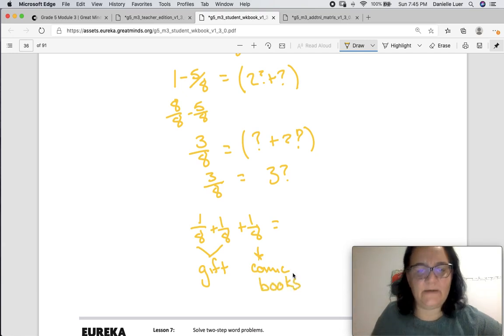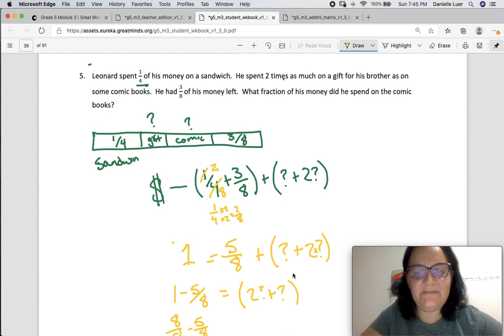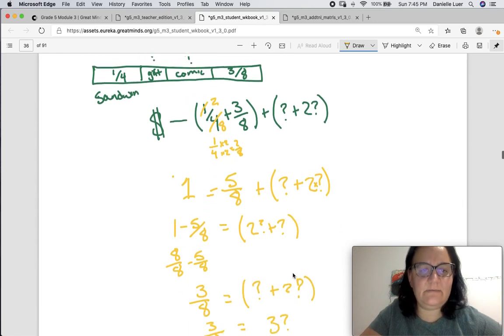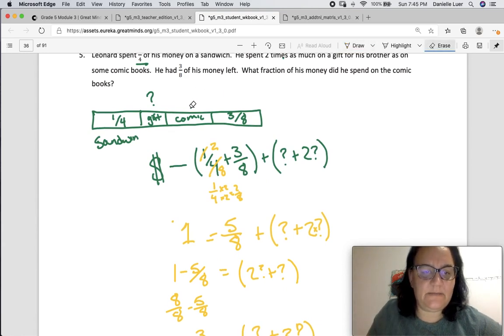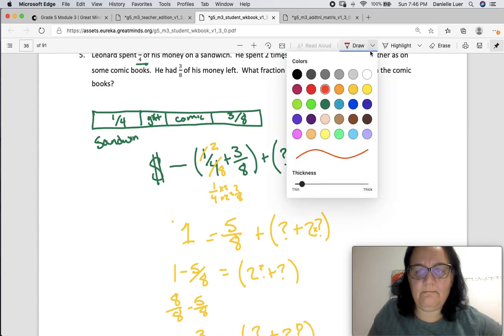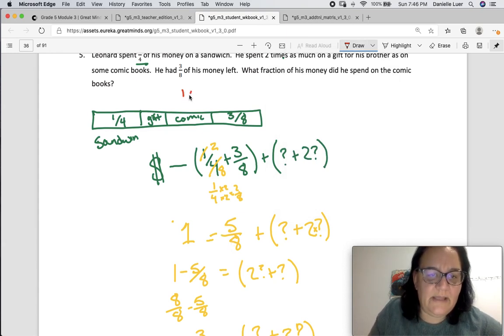Look, we got there. It was tricky, but we did get there. What fraction of his money did he spend on the comic books? Well, let's see if we got the right answer here. The comic books would be 1/8, and the gift would be 2/8.